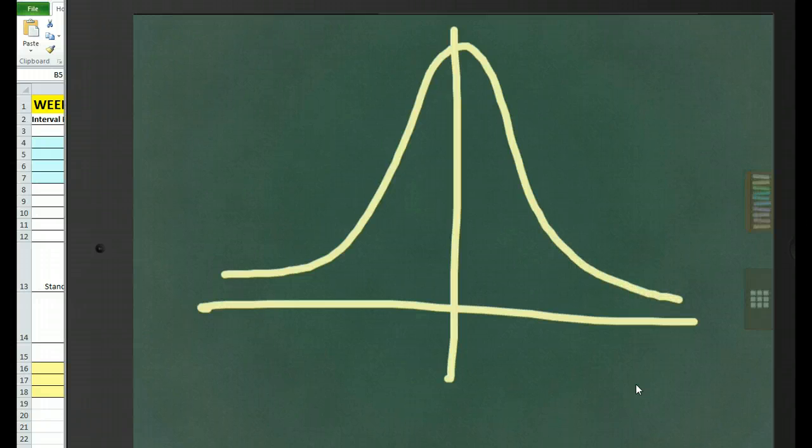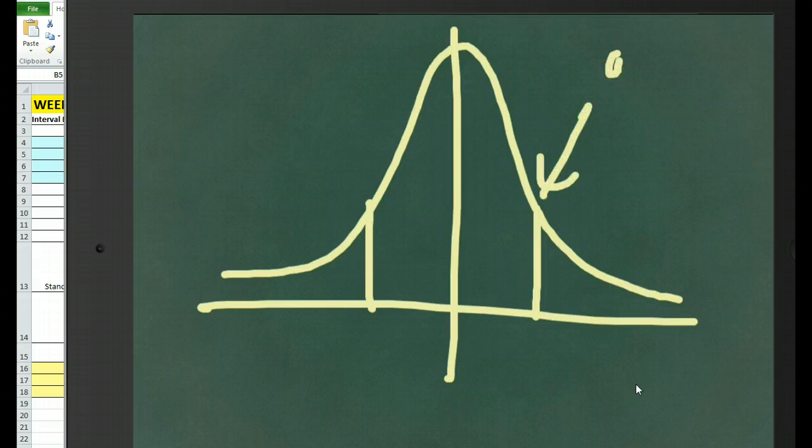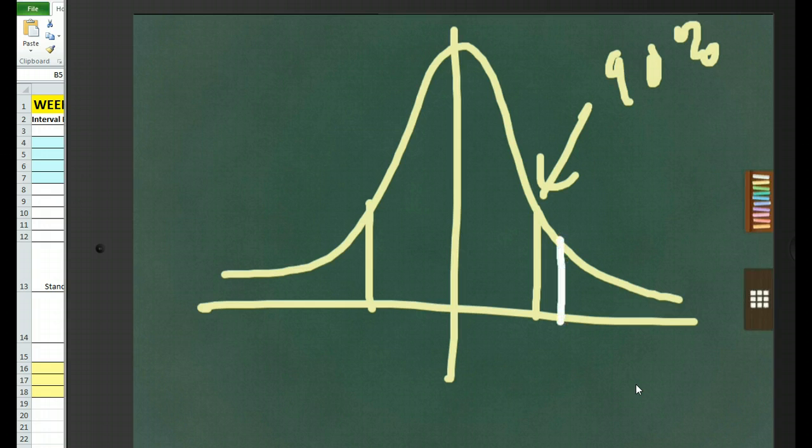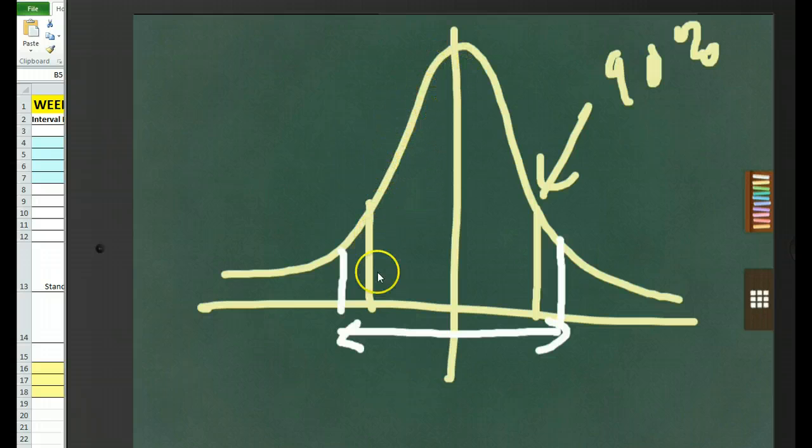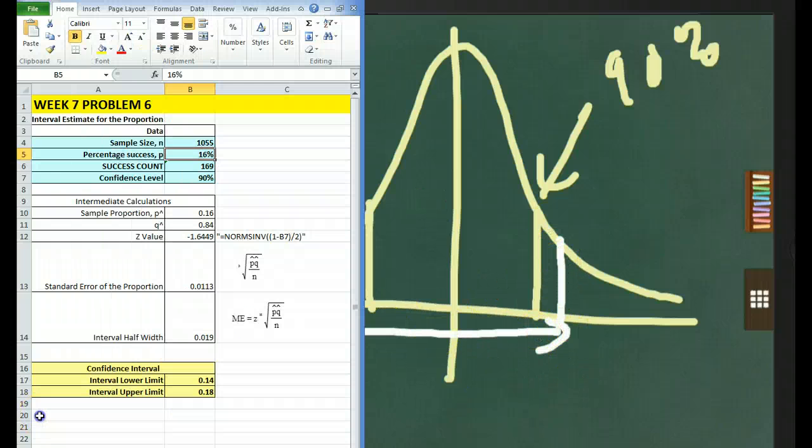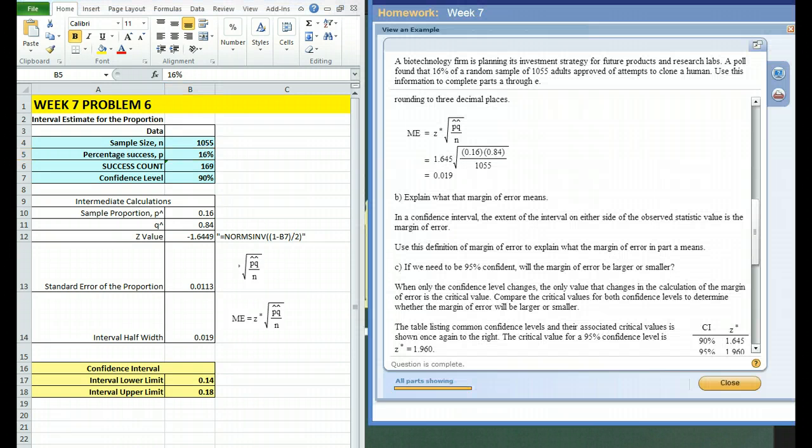If this represents a range that captures 90%, and we wanted to improve that to 95%, then the only way to be 95% sure is to go and capture a little bit more. So we would have to widen our range so that instead of just saying this area captures 90%, if we want to capture 95, then we have to widen that range to be sure that we're capturing 95% of the data.